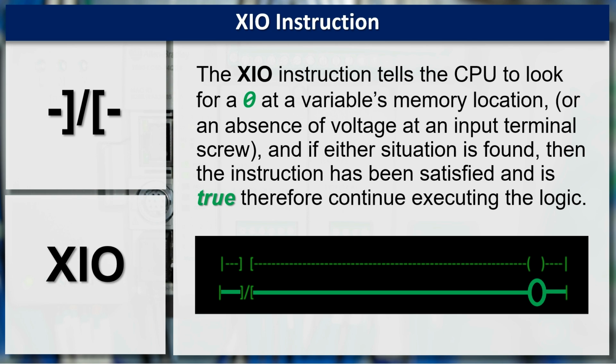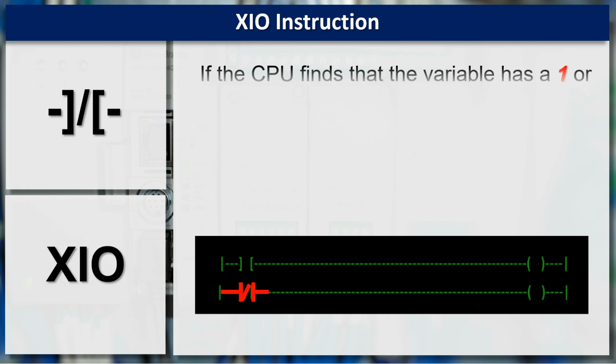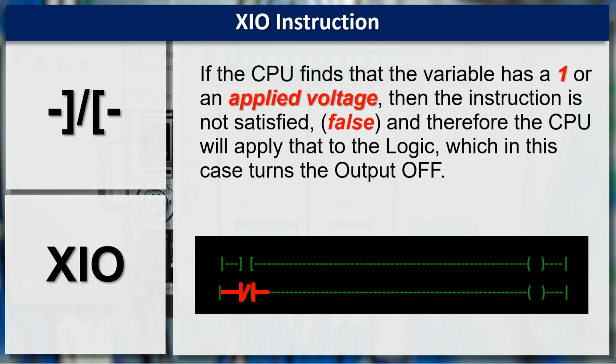Therefore, continue executing the logic. If the CPU finds that the variable has a 1 or an applied voltage, then the instruction is not satisfied, it's false, and therefore the CPU will apply that to the logic, which in this case turns the output off.